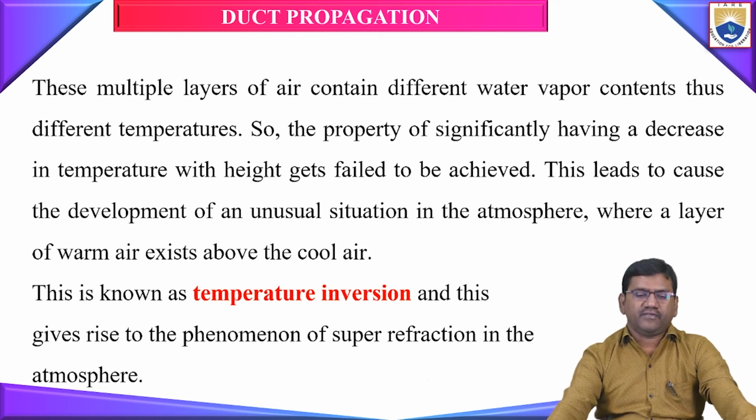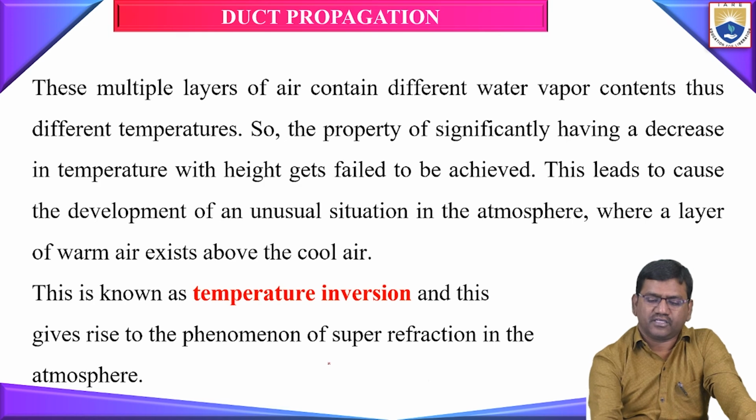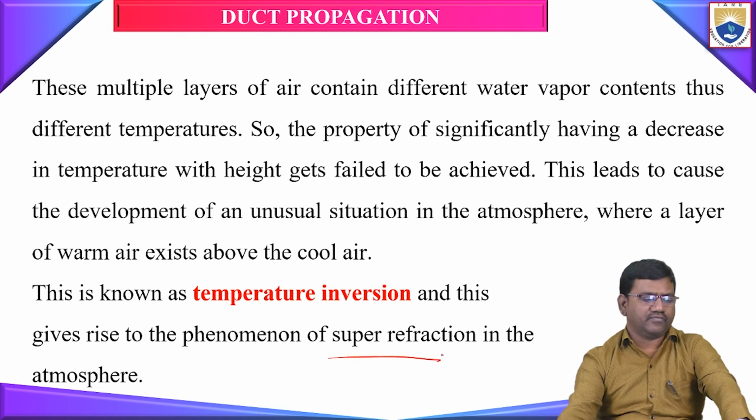So the property of having a decrease in temperature with height fails to be achieved. This leads to an unusual situation in the atmosphere where a layer of warm air exists above the cool air. This is known as a temperature inversion or inversion layer, and this gives rise to the phenomenon of super refraction in the atmosphere.